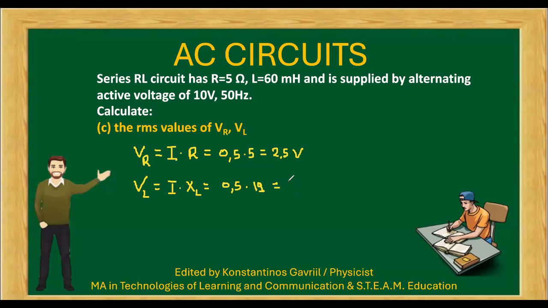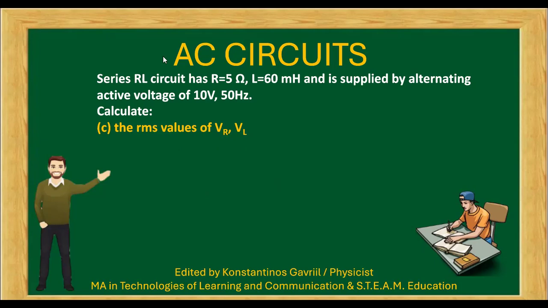So this is 9.5 volts. So the VR equals 2.5 volts and the VL equals 9.5 volts. Let's continue. It is simple, we just need to understand what happens step by step.